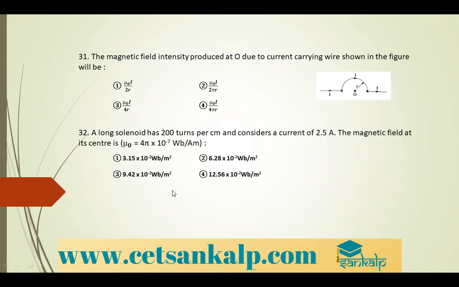Question number 31. The magnetic field intensity produced at O due to the current carrying wire shown in the figure will be.